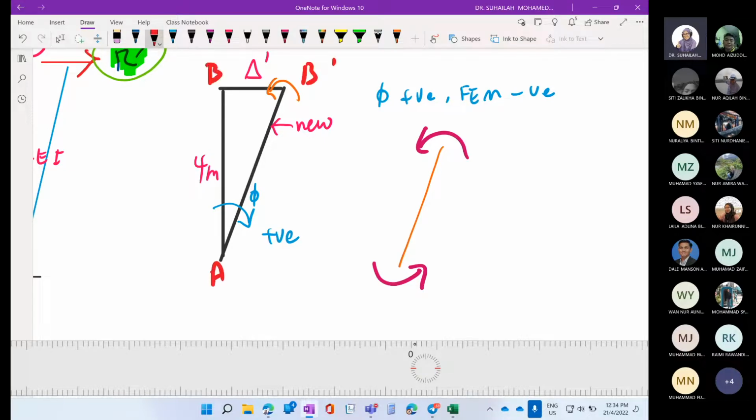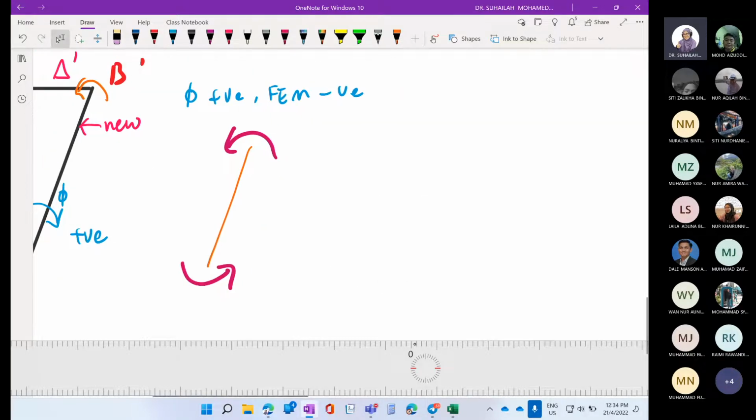FEM for AB will be the same for AB and BA, and it will be negative because of the behavior.